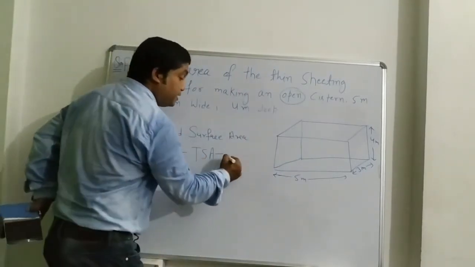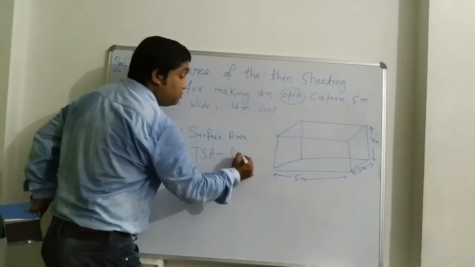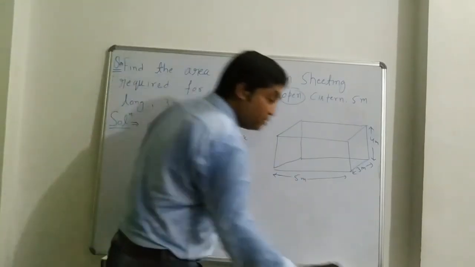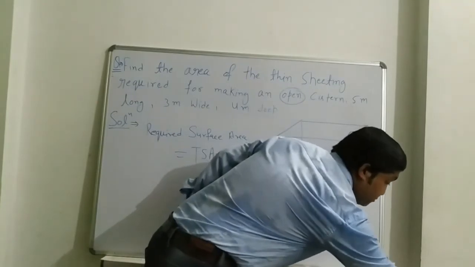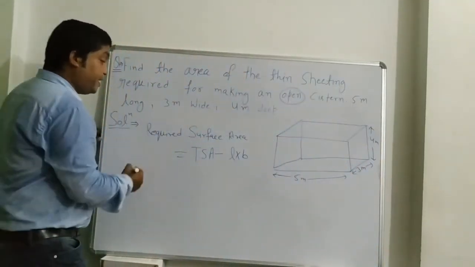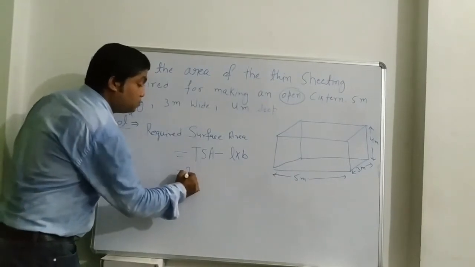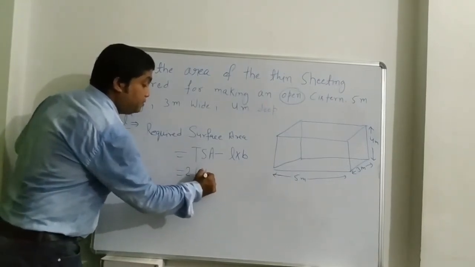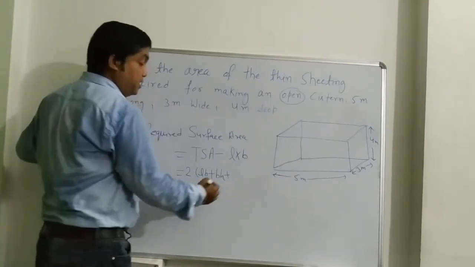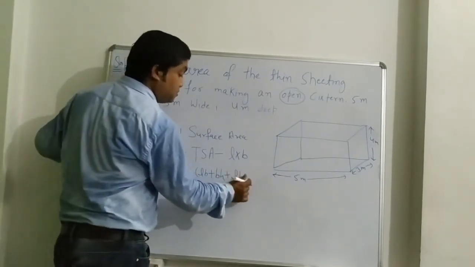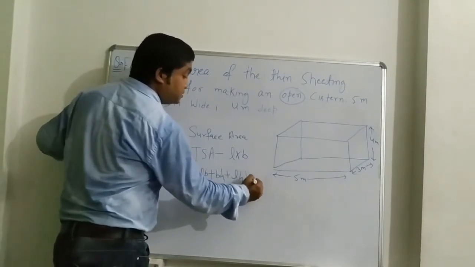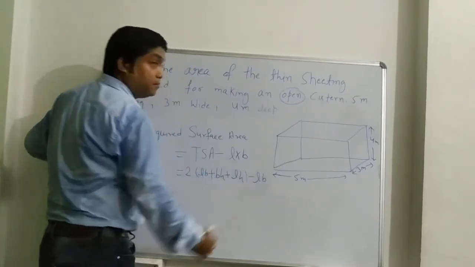So we have to subtract length into breadth. And the formula of the total surface area, what is that? 2 into (LB plus BH plus LH) minus LB.